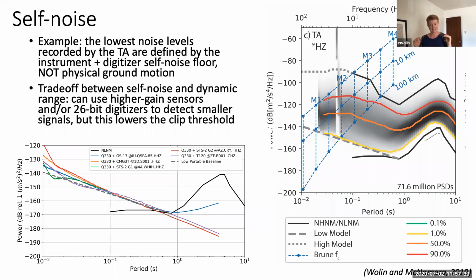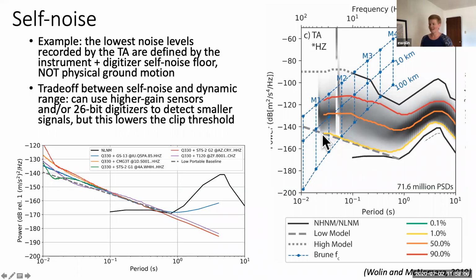So it had very consistent instrumentation. It's all Q330 digitizers and broadband sensors with very similar gains. And so you can see if you theoretically calculate that, the self-noise of a Q330 plus other kinds of broadband instrumentation, that's the same, this gray dashed line here, as the first percentile of the TA.